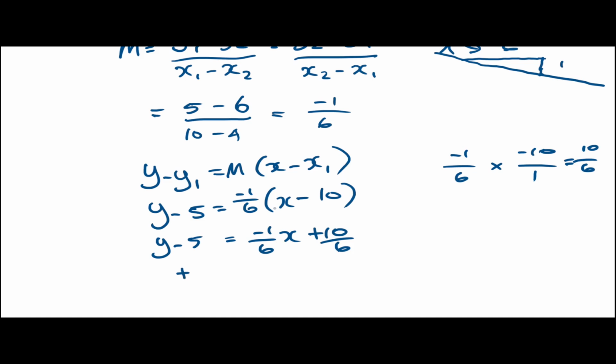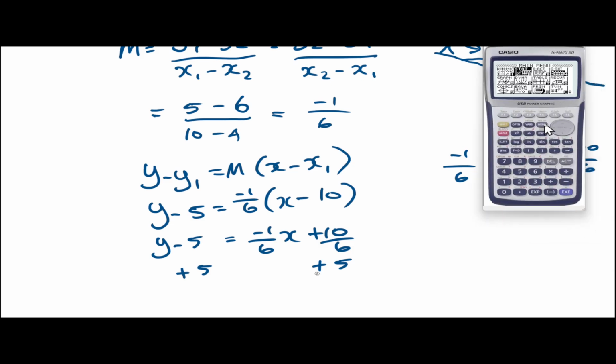And now we're going to add another 5. So our final answer, when we come to do it, I'm just going to grab a calculator. So we want 10 over 6 plus 5, 20 over 3, and I'm going to leave it as 20 over 3 rather than converting it, because when we do that we get this nasty number here.